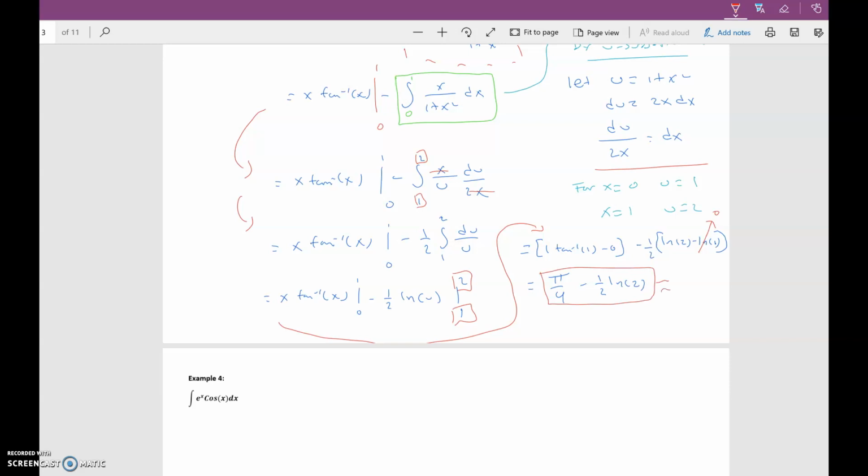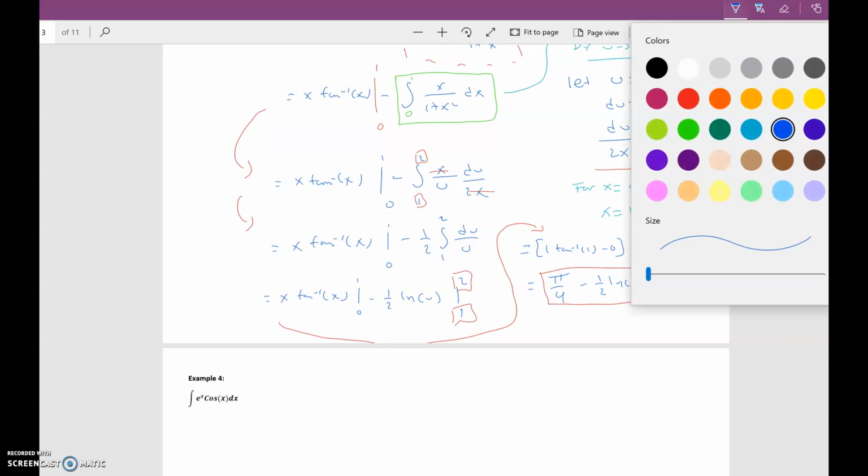And then let me give you a decimal approximation. Okay, I'm getting that this is approximately 0.4388 as our decimal approximation for this one.